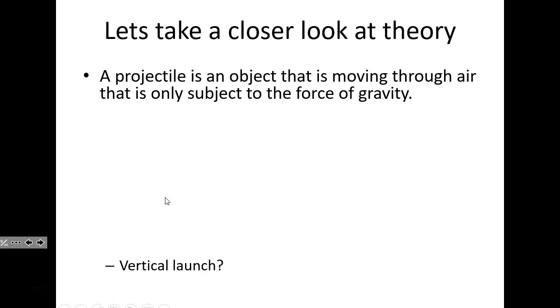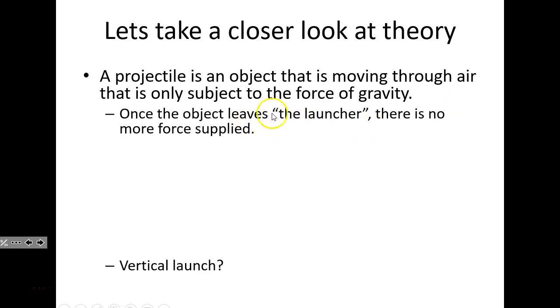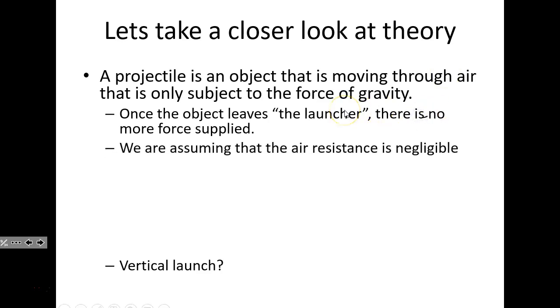and we can define a projectile as an object that's moving through the air that is only subject to the force of gravity. There's no other force acting on it. That is, if we can assume that the object leaves the launcher and there's no more force applied, so the launcher and the object that has been launched as a projectile are no longer in contact, and we can also assume that air resistance is negligible, although we know that some things would have some pretty significant air resistance.